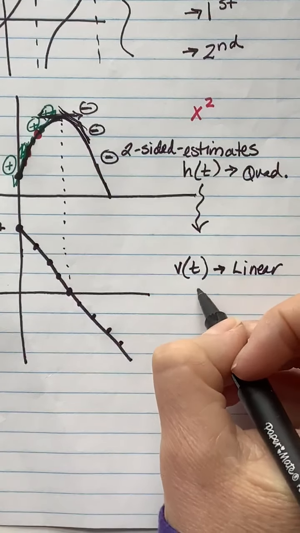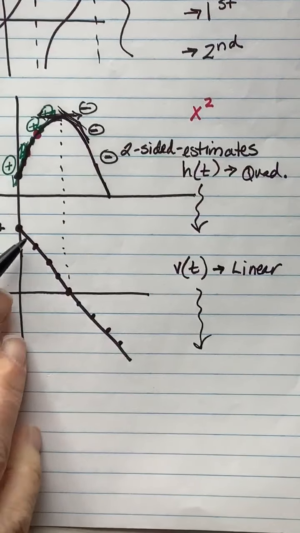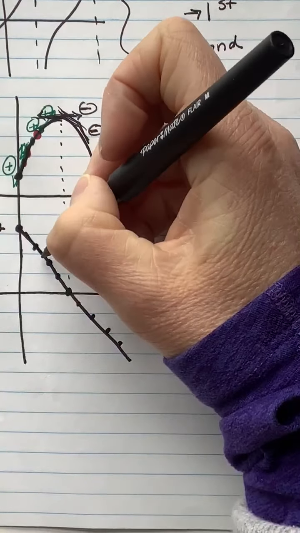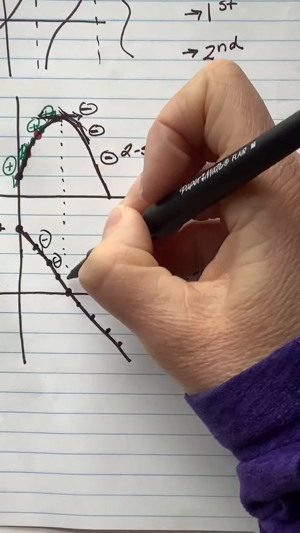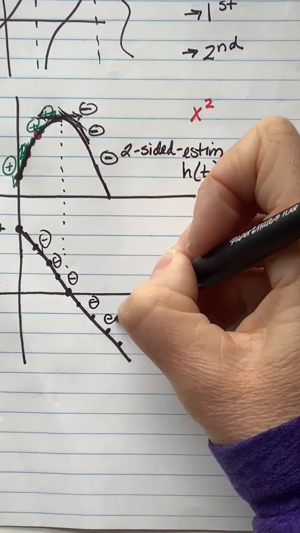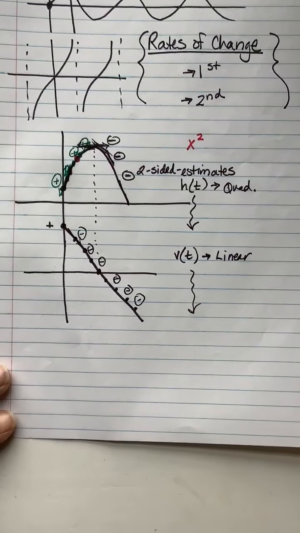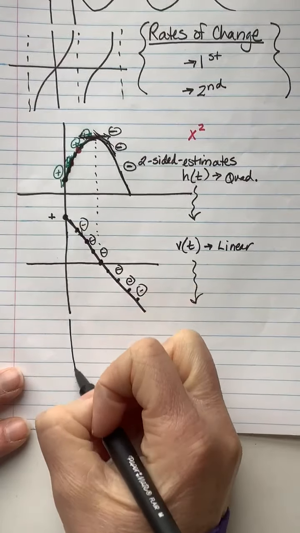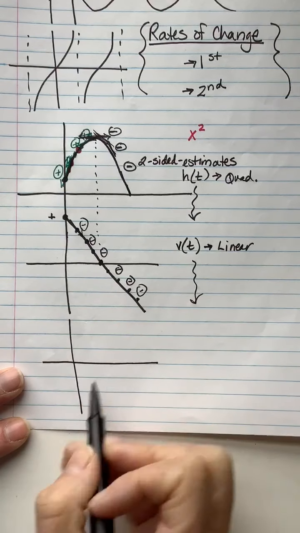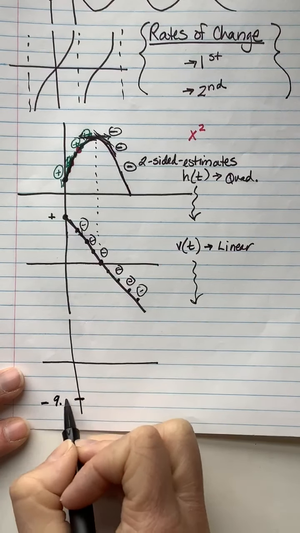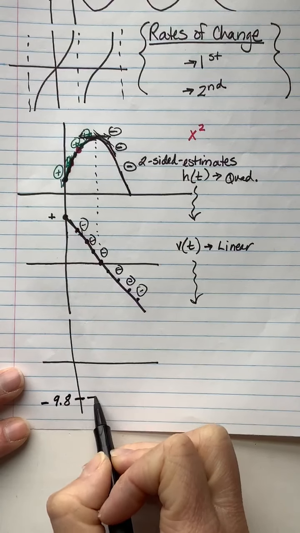Well, then we could calculate the second rate of change. The second rate of change, the slope of these tangent lines, was exactly the same as that ball traveled. And I'll make a little graph here. It was a negative number, and it was actually negative 9.8.